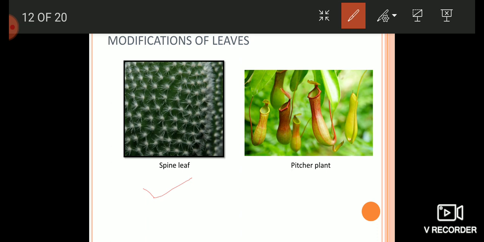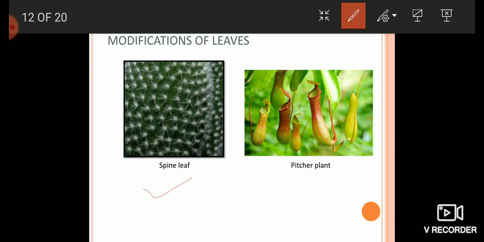So these leaves help in minimizing the water loss due to transpiration. And these leaves also act as a defense mechanism of plants to prevent animals from eating them. So this is the modification of cactus leaves.